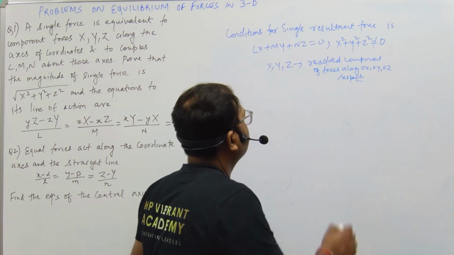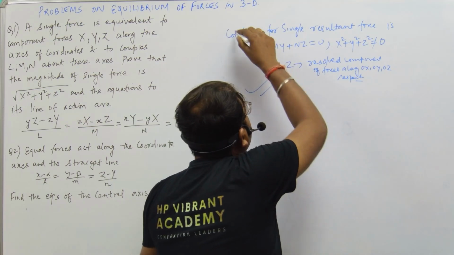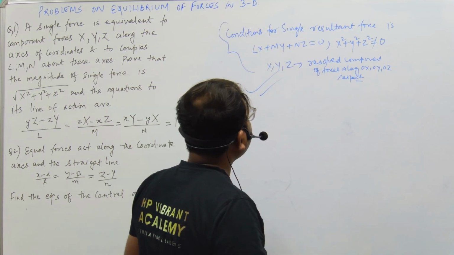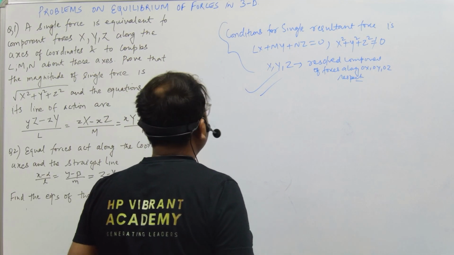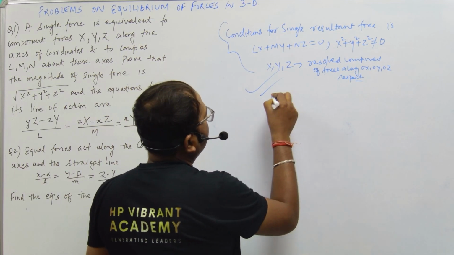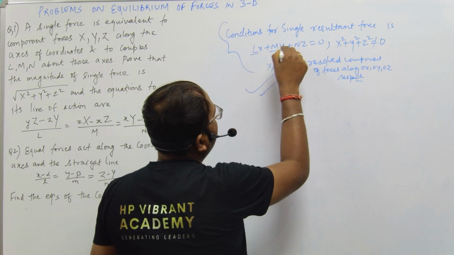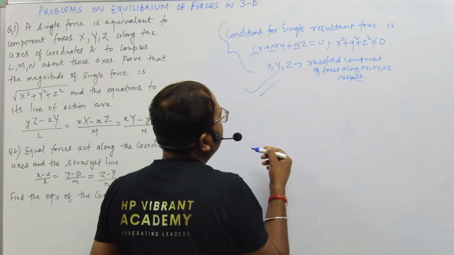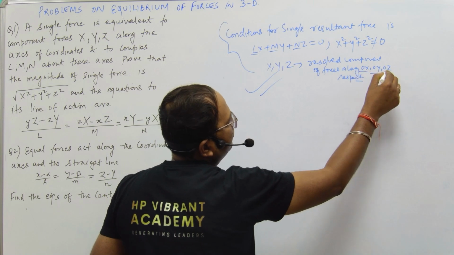This we have discussed a couple of minutes ago. Now, these L, M and N are the sums of moments along Ox, Oy, Oz respectively.